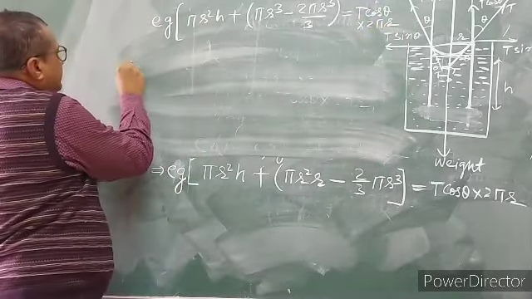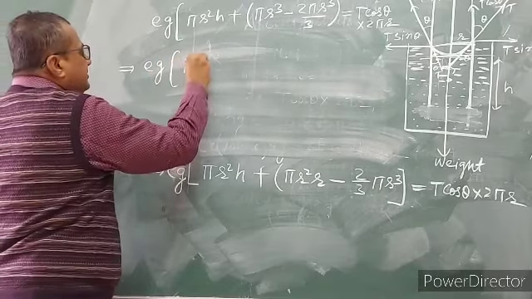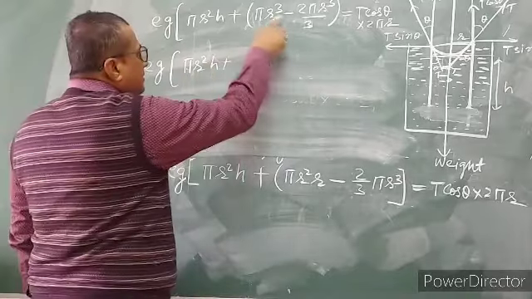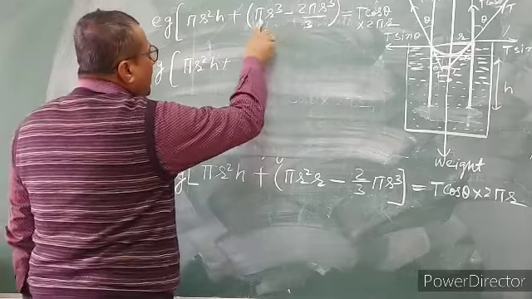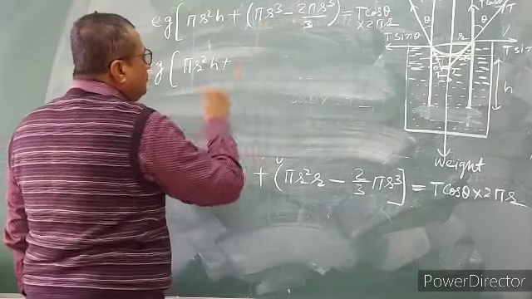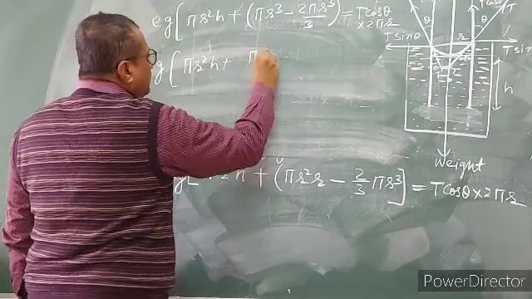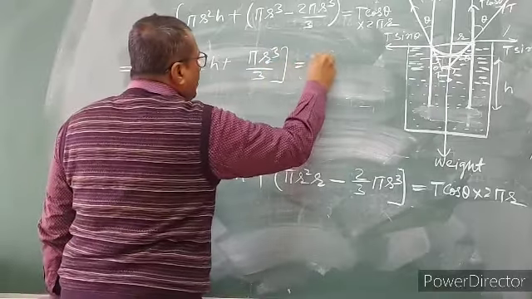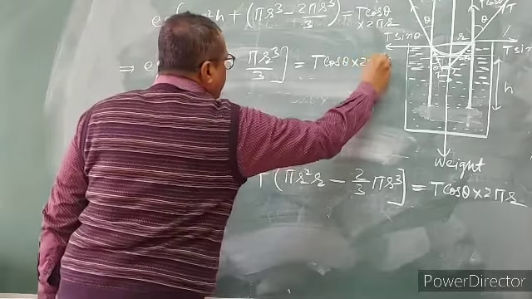Which implies rho g, pi r square h plus, here there will be common 3, 3 pi r cube minus 2 pi r cube, that is equal to pi r cube by 3, is equal to T cos theta into 2 pi r.